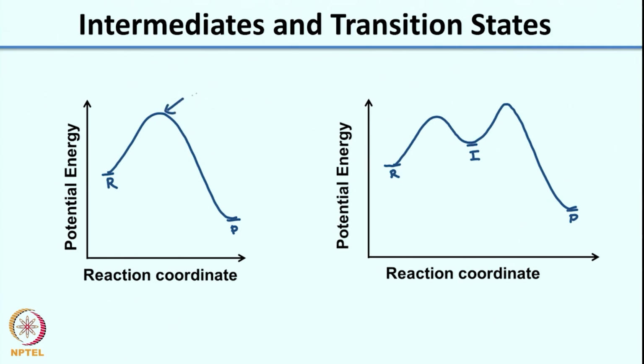The hill here corresponds to what is called a transition state, and the valley corresponds to the intermediate. So, in this case you have two transition states, transition state 1 and transition state 2. It is very important that you understand the difference between an intermediate and a transition state.